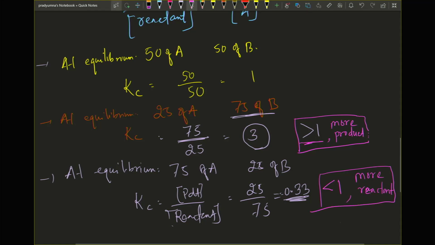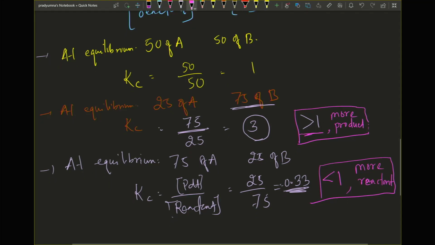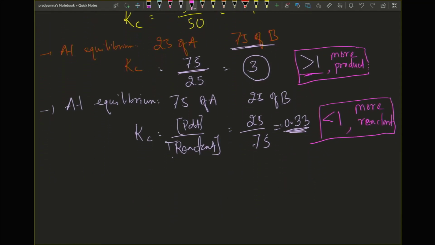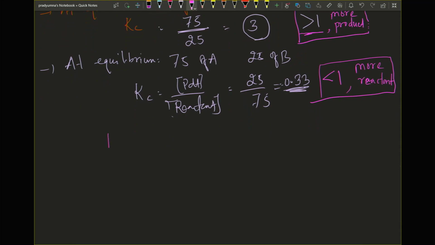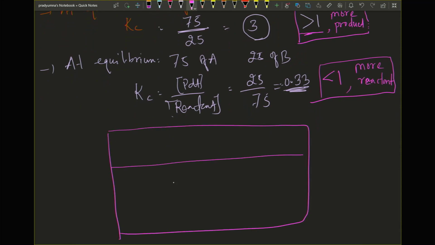When the Kc is 1, I'm going to make a table here. So you can have 3 scenarios.